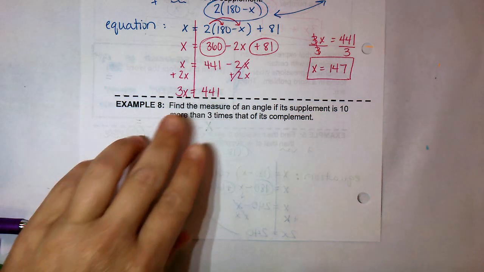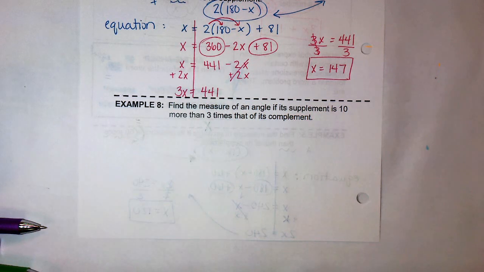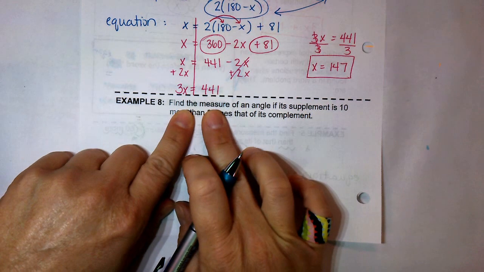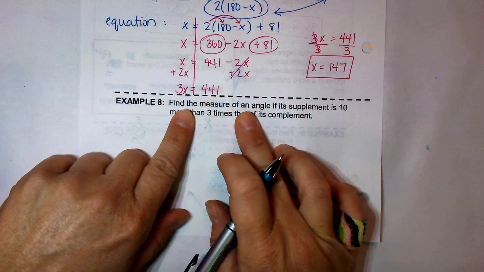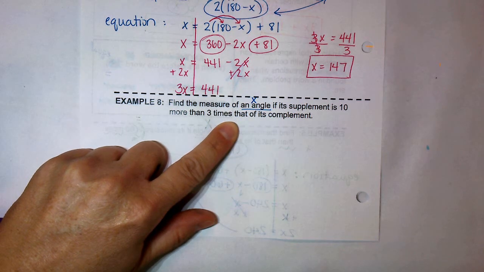Okay, here we go. Now I'm going to walk through this exactly the way I taught you. So if you just want to watch me, I will leave it on the board so you can copy later, okay? This is the only one that's going to be any different than the other ones that we do. So the first line says, find the measure of an angle. So we were saying this was x.